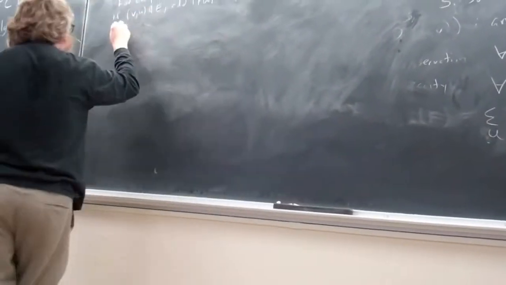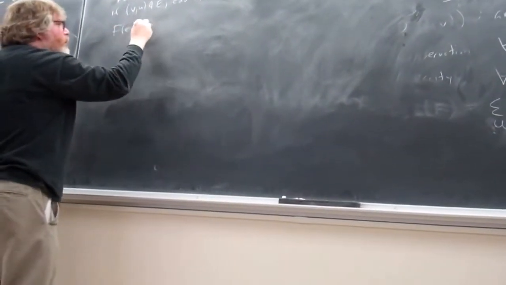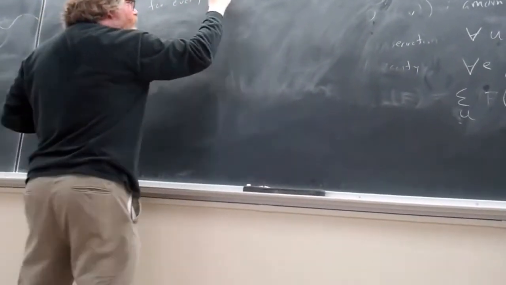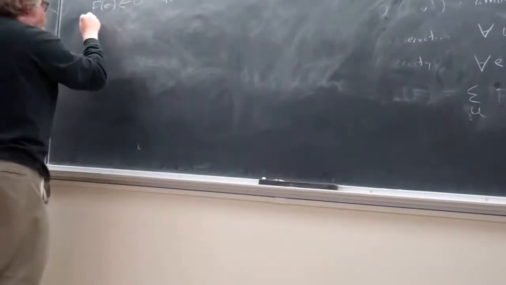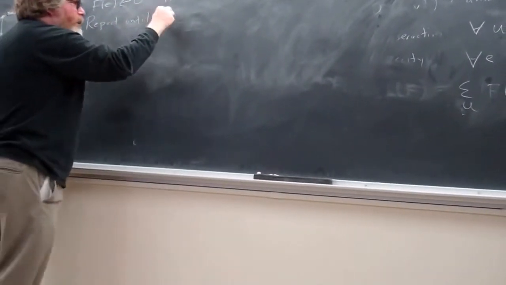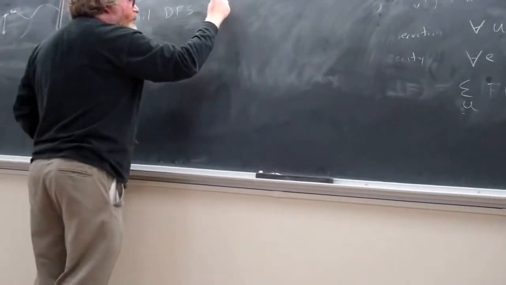So we initialize the flow to 0 for every E, and we repeat until the depth first search fails.